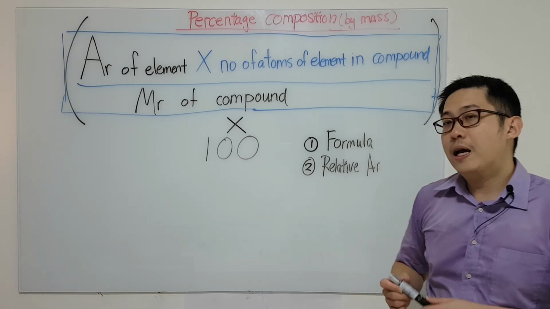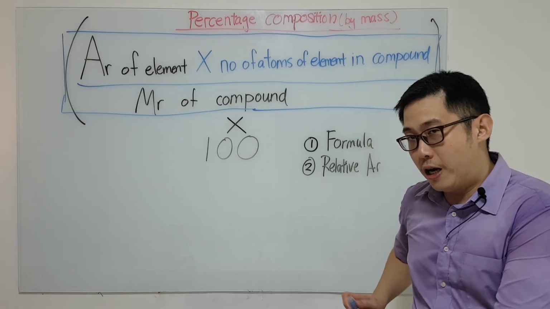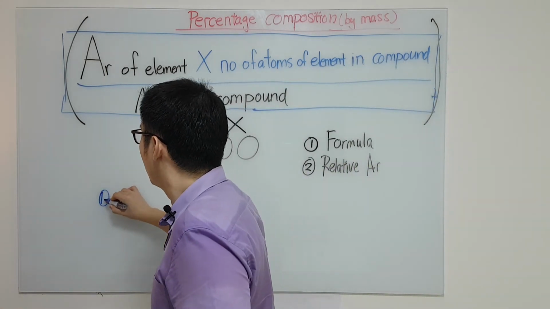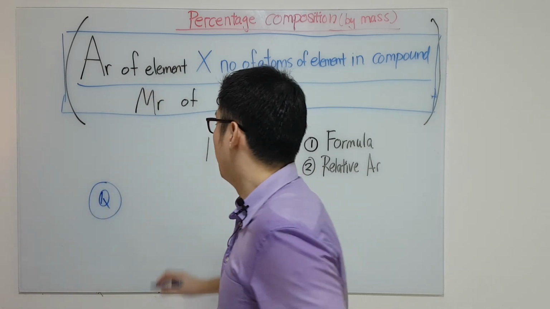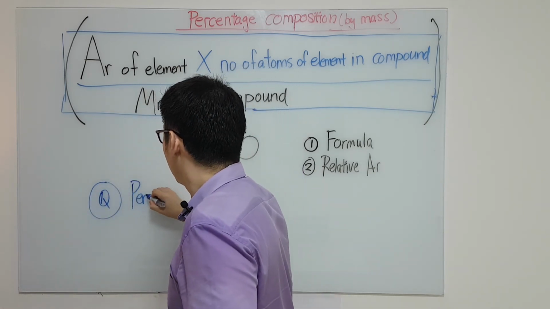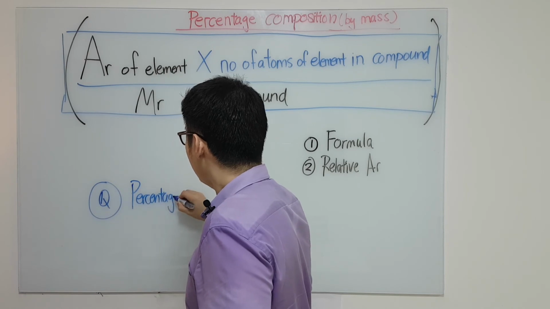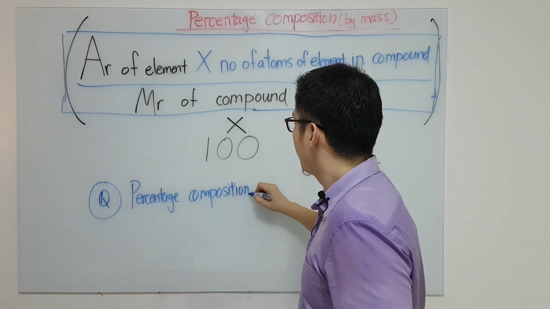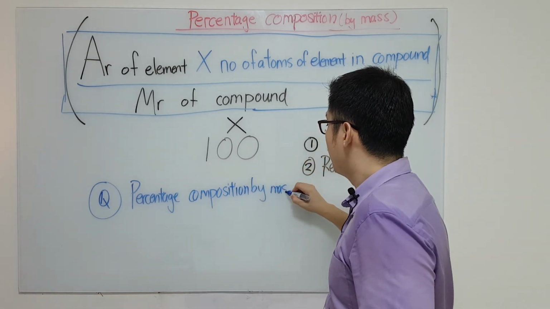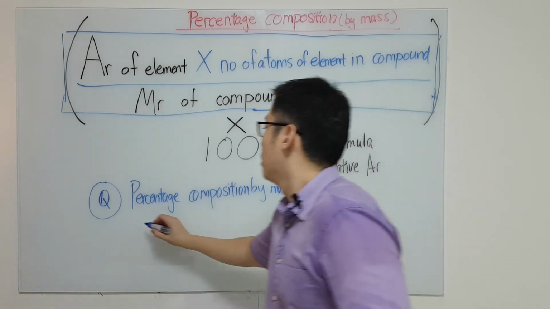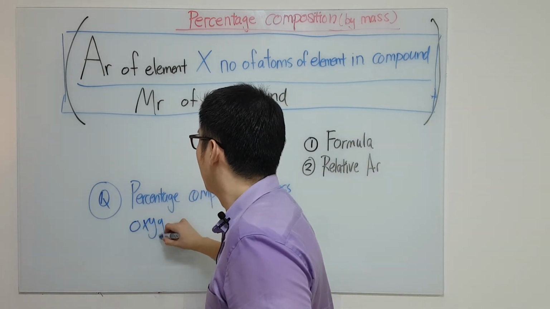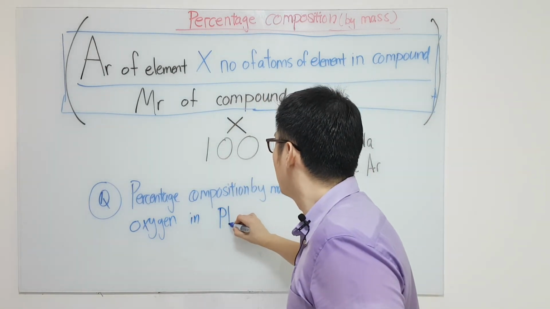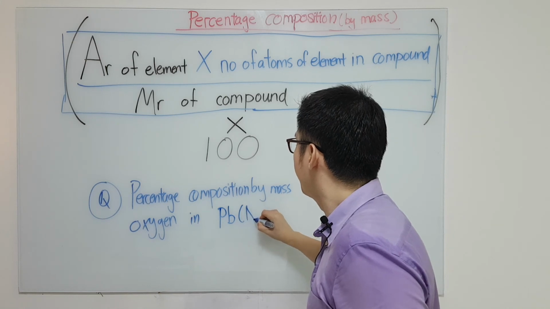Now, I want you to try this question. I want you to determine the percentage composition by mass of oxygen in lead nitrate.